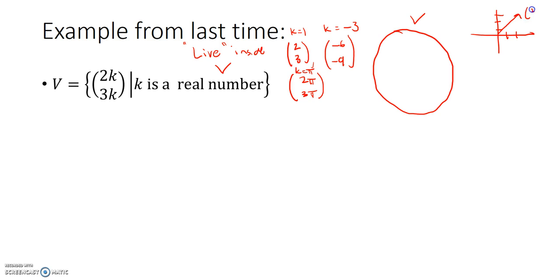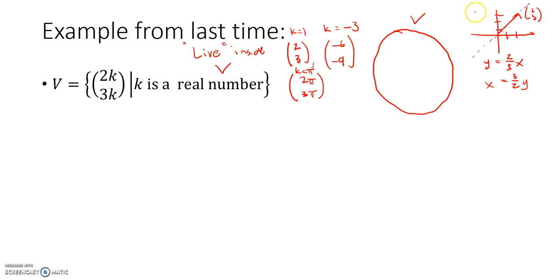That would be a vector inside of the set. Any multiple of that would be too, so that means that any vector that lies along this line, specifically that the y component, as long as that is equal to 2/3 of x. Or we could say that as long as the x component is 3/2 of y. So any vector along this line would be a vector in this set.